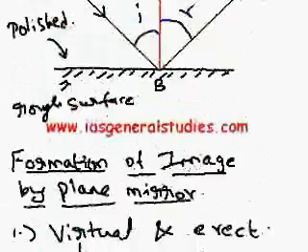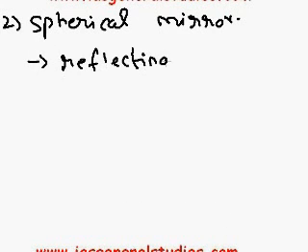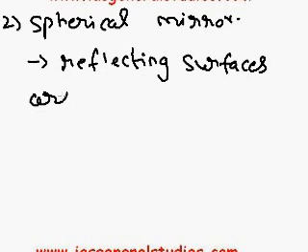Just now we put it on the diagram also. And for the spherical mirror, I am going to put the diagram. That is, the reflecting surfaces are spherical. By simple definition we can say the spherical mirror is nothing but a mirror whose reflecting surfaces are spherical.